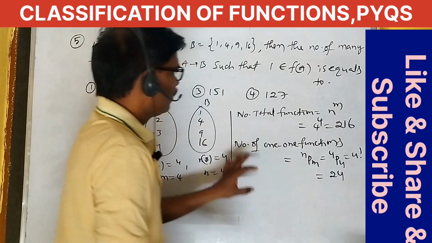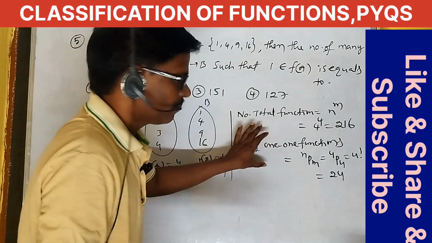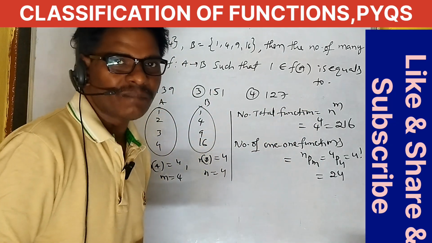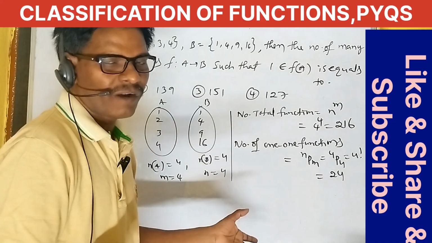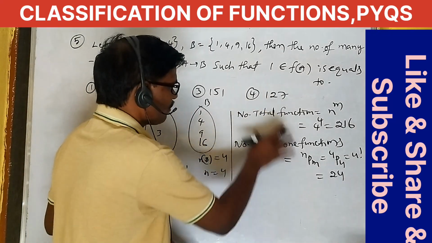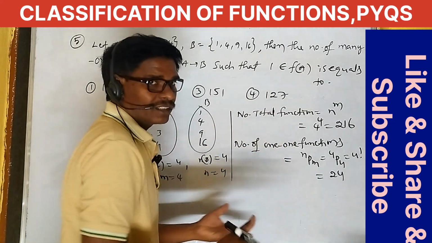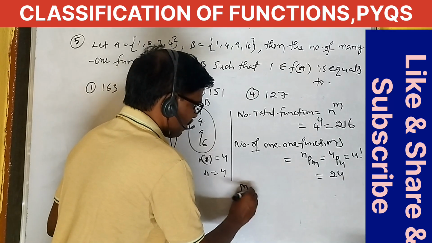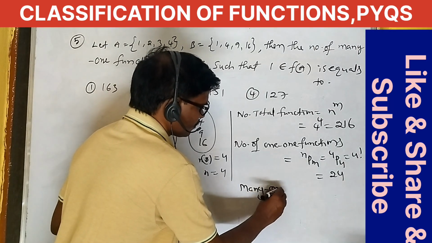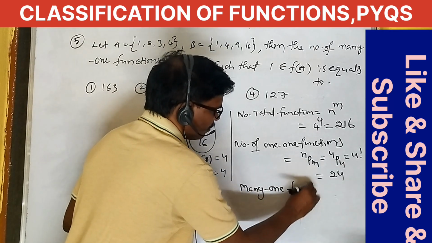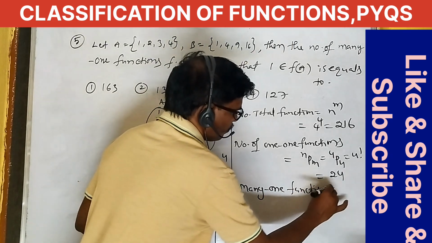The total number of functions minus the one-one functions is equal to the many-one functions. Okay, you have to find the many-one functions.